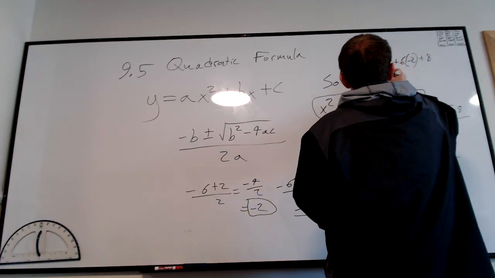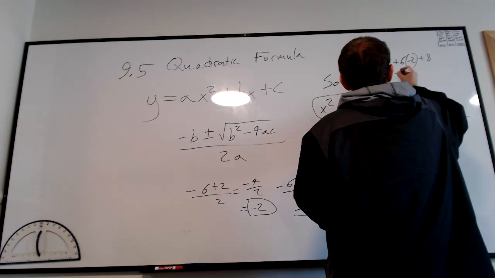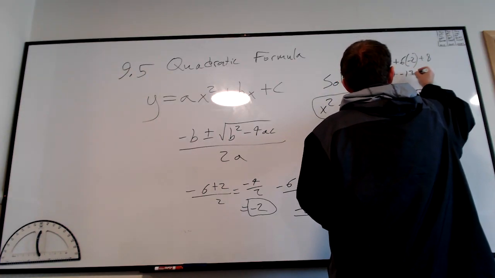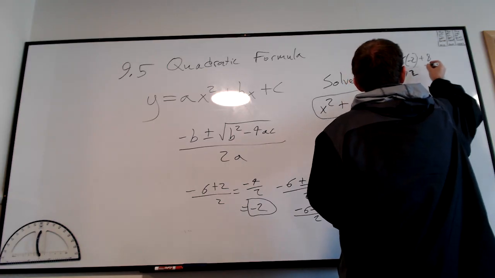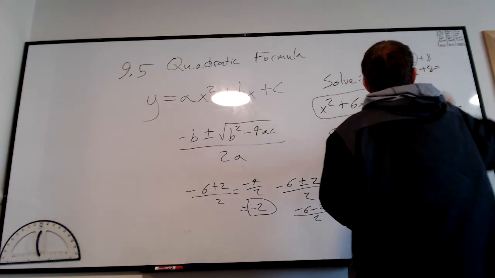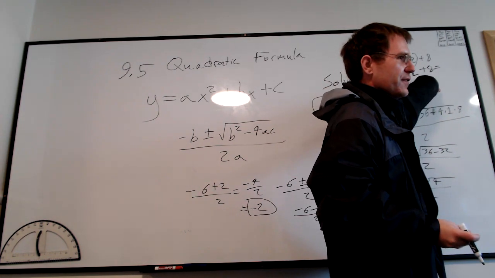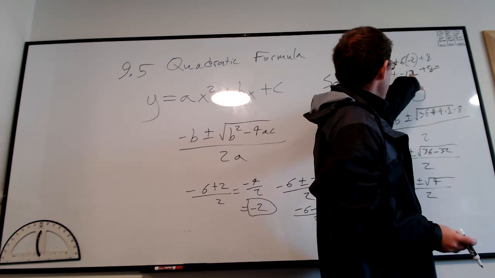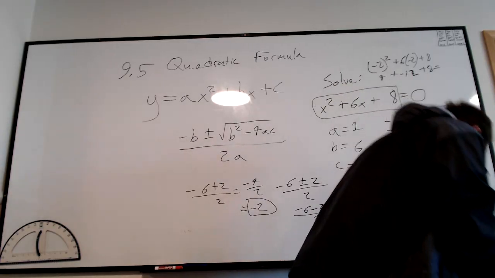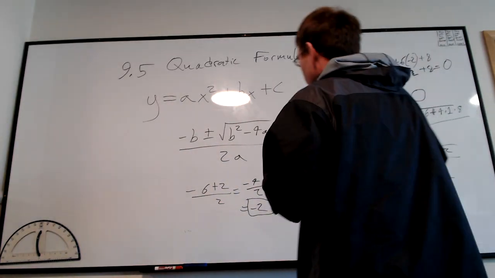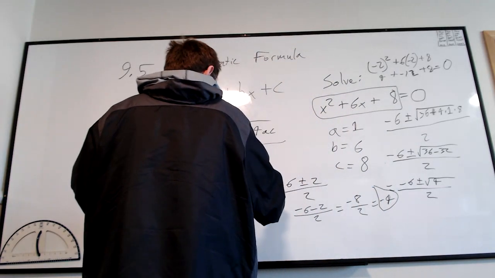So that would be 4 plus, what's that, negative 12? Plus 8. Okay. 4 plus 8 is 12. And then we have negative 12, so that works. That gives us 0. Okay, so the first one worked.